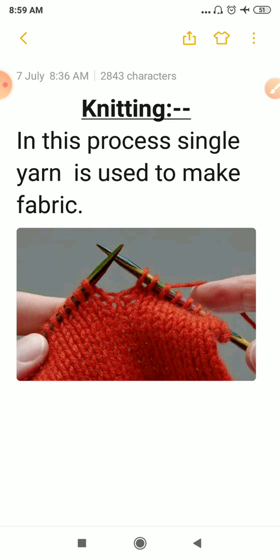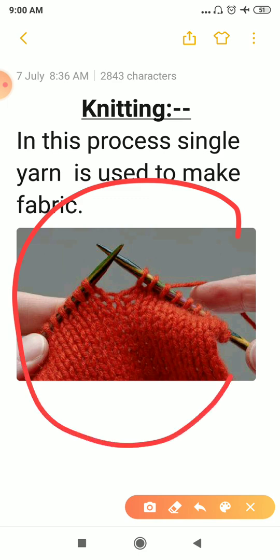Maybe your mother, your elder sister, your grandmother, or your aunt takes one big woolen yarn and starts knitting. This is the process of knitting. See here, one single yarn is used in the process of knitting.